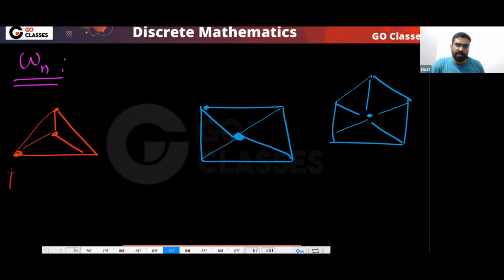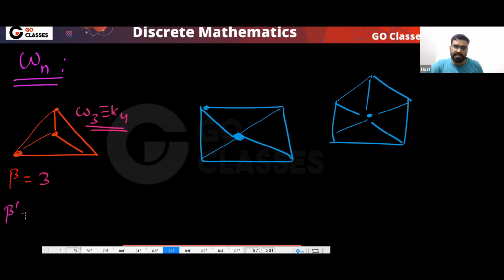So tell me, what is beta here? Remember, this is your K4 actually. This is your K4, so you need 3 vertices. This is your W3, and this is same as K4. So here you need 3 vertices.